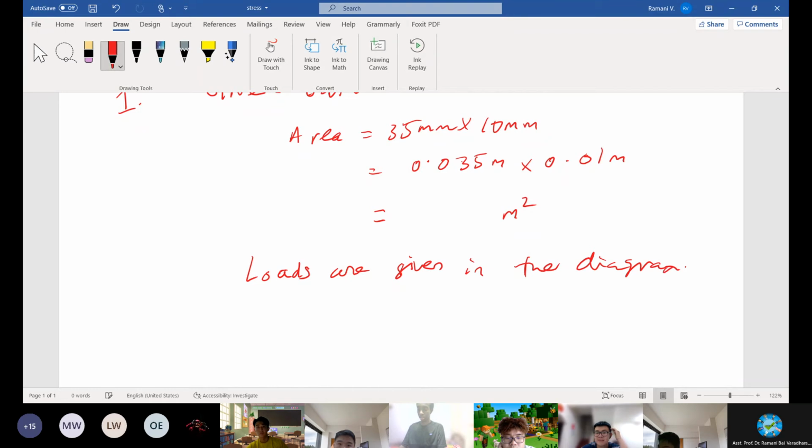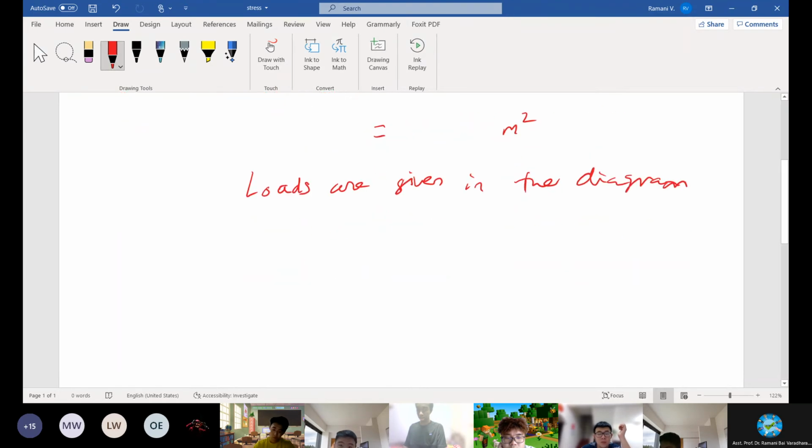I can copy and paste the diagram here, or for now I just draw a simple sketch. Later we'll do it, and the required answer will be to find the maximum normal stress.